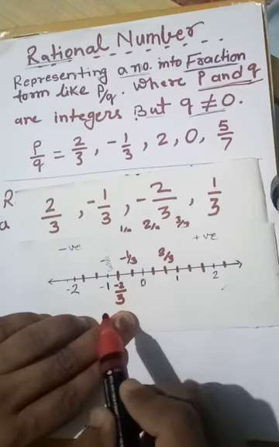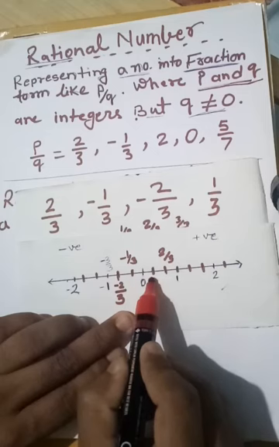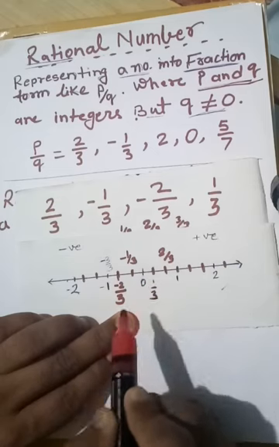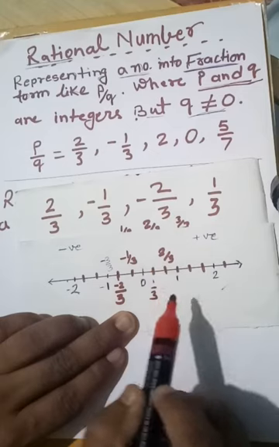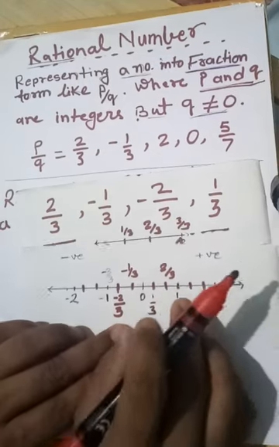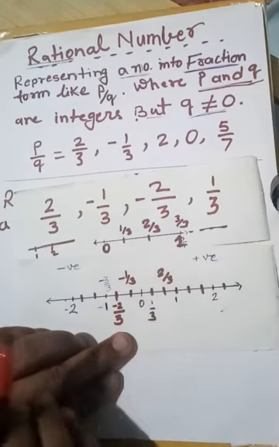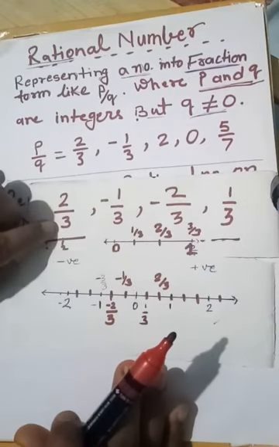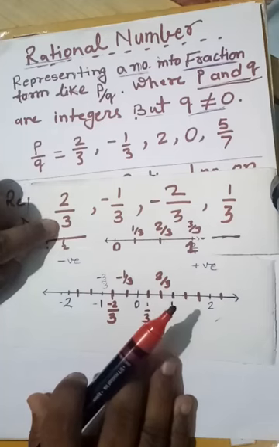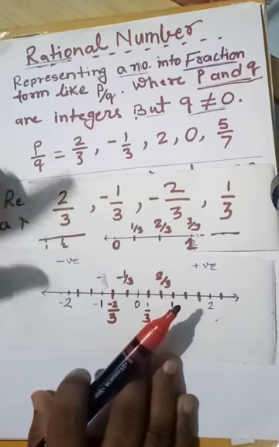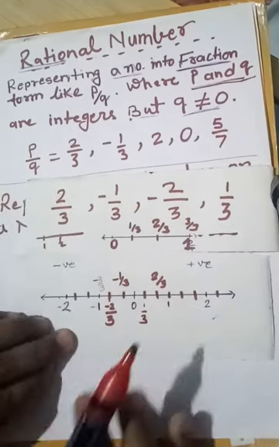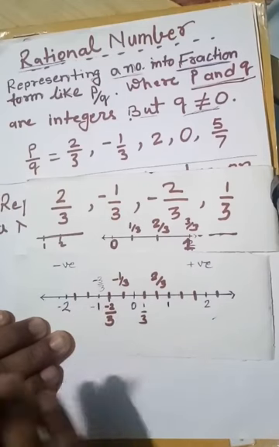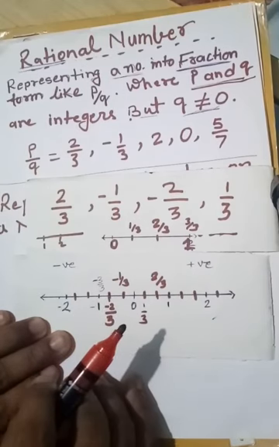Now this is our 1 upon 3, this is our 2 upon 3, and this is our 3 upon 3, as we have just seen. So this is how you have to do it. Whatever the denominator you have, just divide your unit into that many parts.